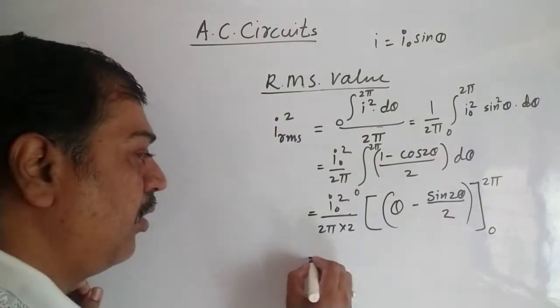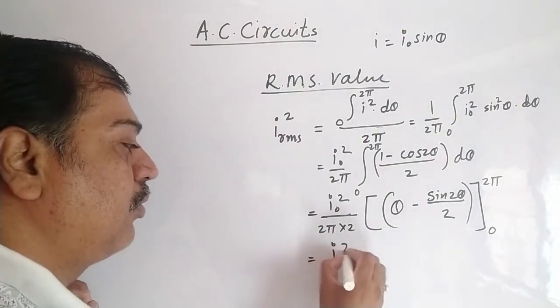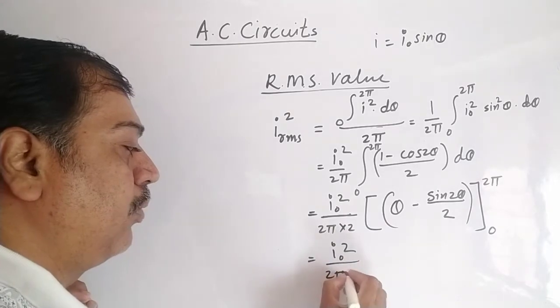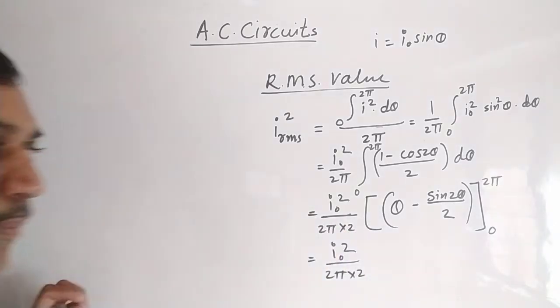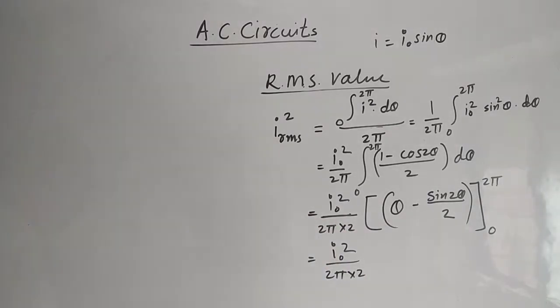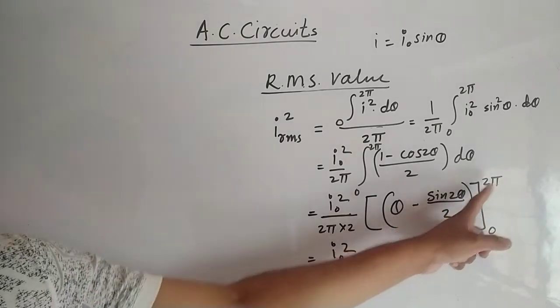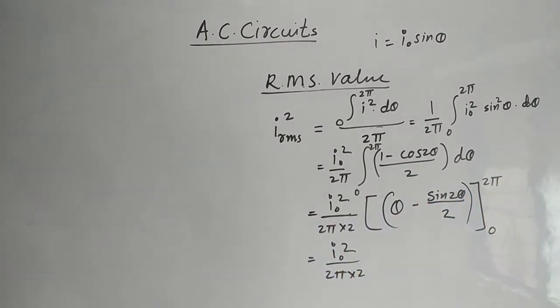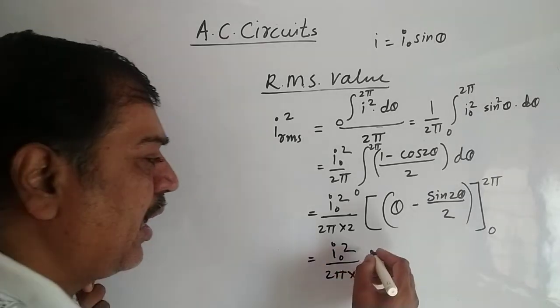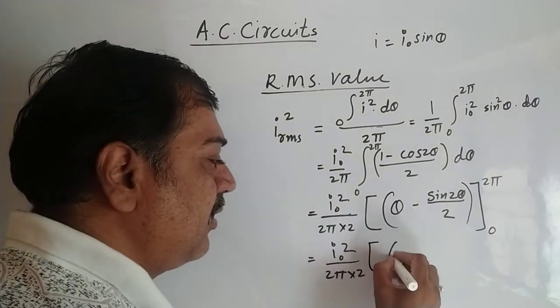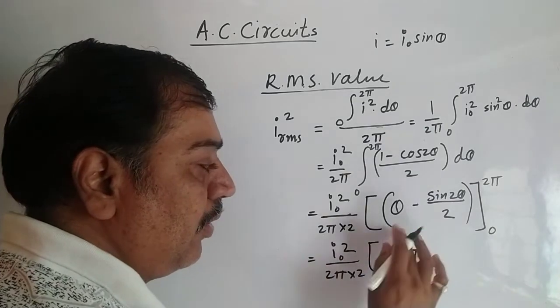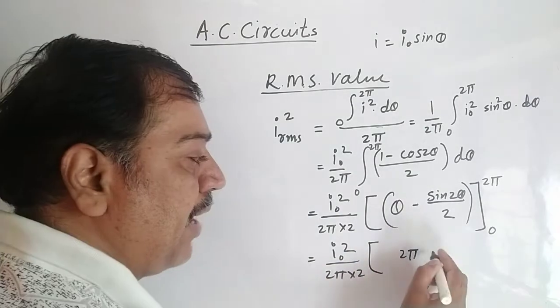Solving further, we get I0 square divided by 2 pi into 2. Instead of theta, put 2 pi first: 2 pi minus 0 is 2 pi, upper limit minus lower limit.